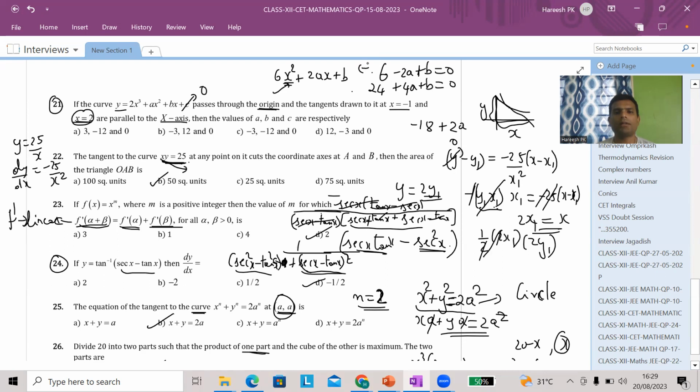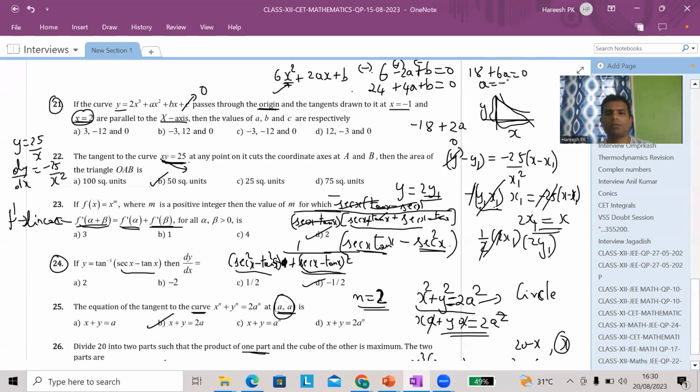Now when you subtract, you'll end up getting 18 plus 6a equal to 0. So a is minus 3.